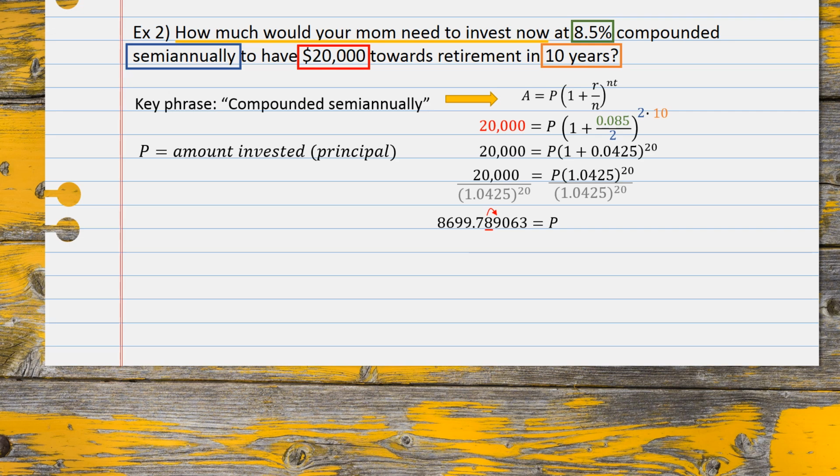Any values that are 5 or larger will round up. And in this case, it looks like we too will round up. So our result is 8,699.79. Now that we've solved it, we're ready for our sentence. My mom would need to invest $8,699.79 now.